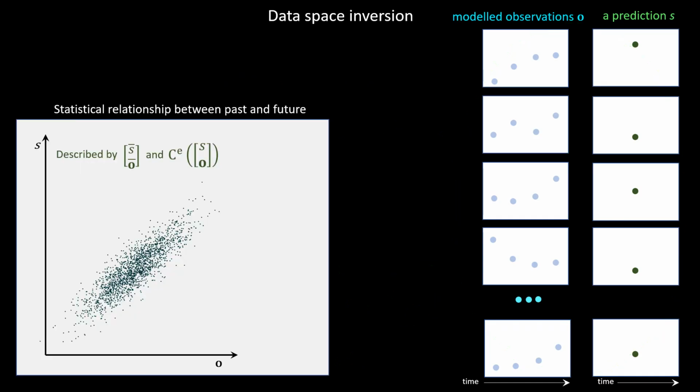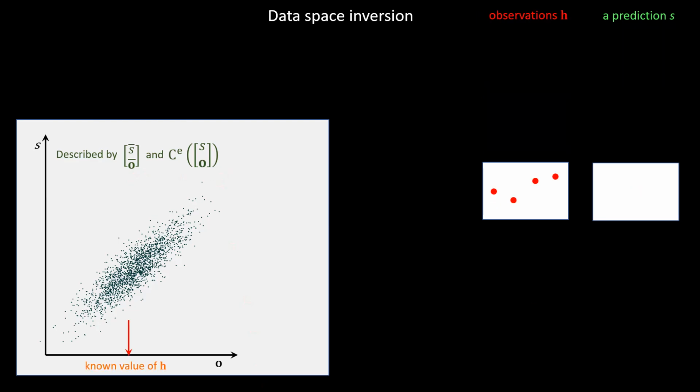Now I have my statistical relationship between the past and the future embodied in this mean vector and this covariance matrix. Now I bring my field data back into play because now I want to condition the prediction of the future based on this statistical relationship.